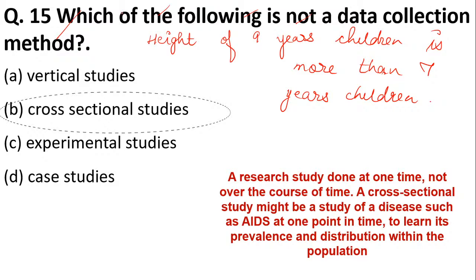Okay, so sorry for taking your time, but somehow this question got incorrect. That is why I've written it down, because other students might not understand. So the question says the height of 9 year children is more than the height of 7 years children. This you could prove through cross-sectional studies, when you collect data at a particular instance of time. Okay.